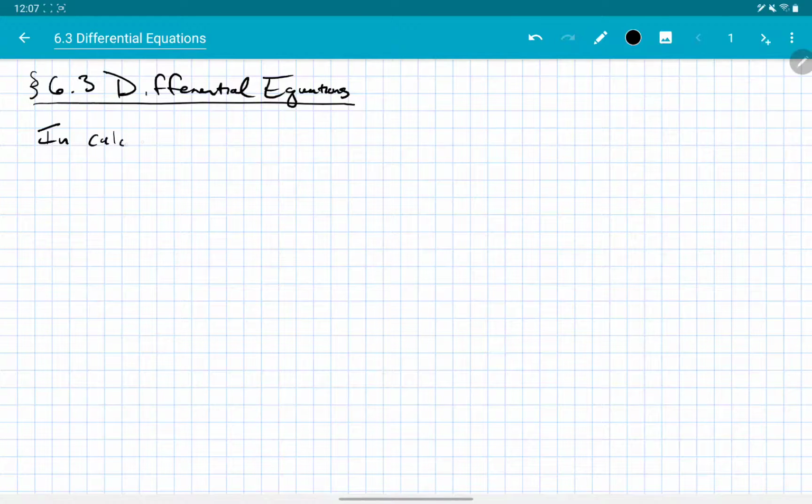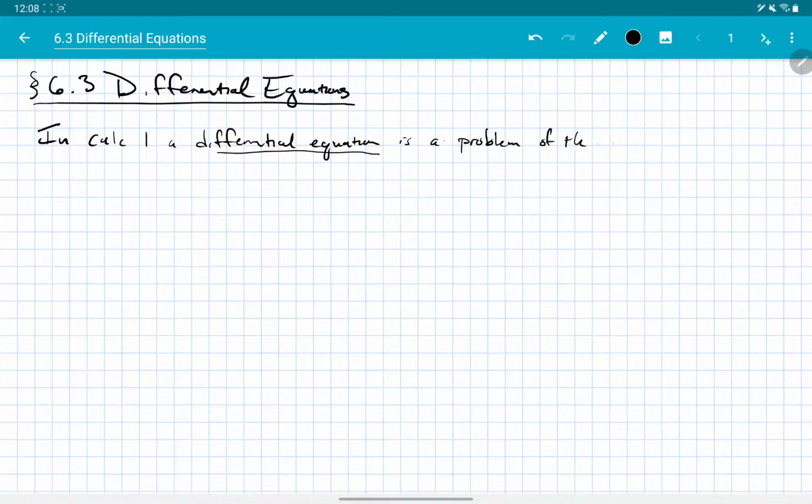In Calc 1, a differential equation is a problem of the form dy over dx is equal to f of x, and y at 0 is equal to a constant that's given.